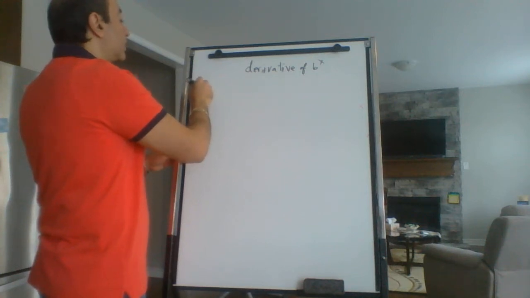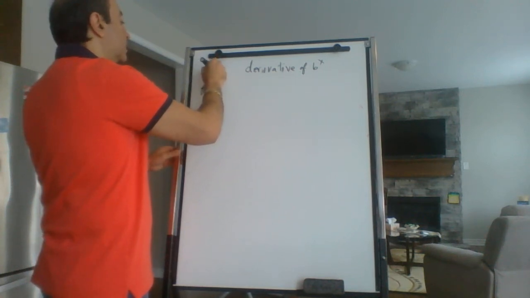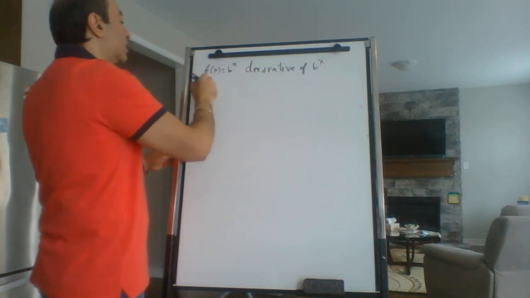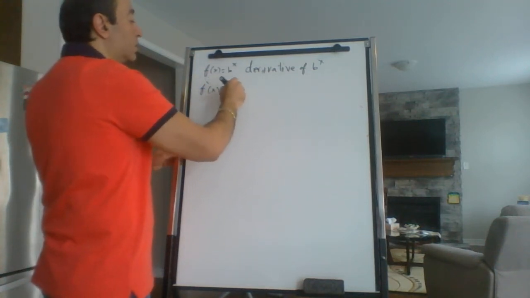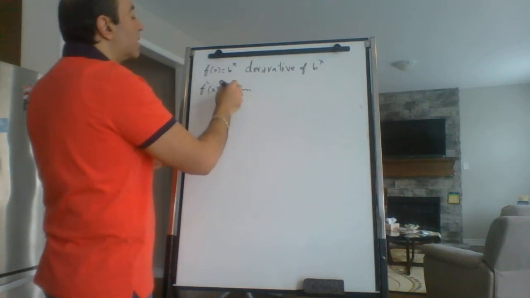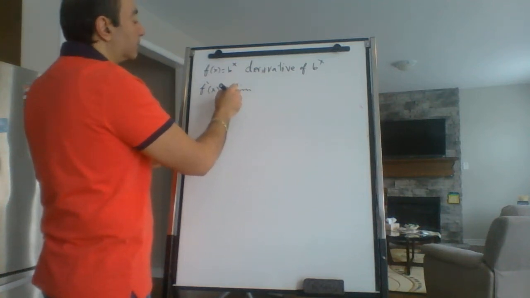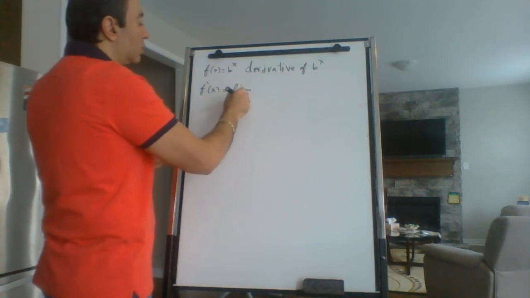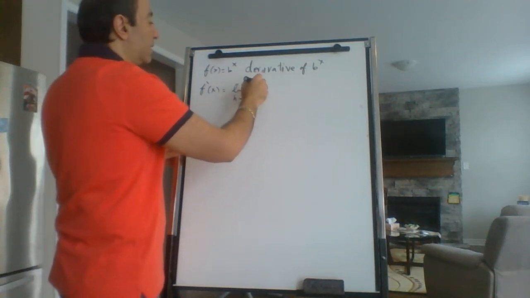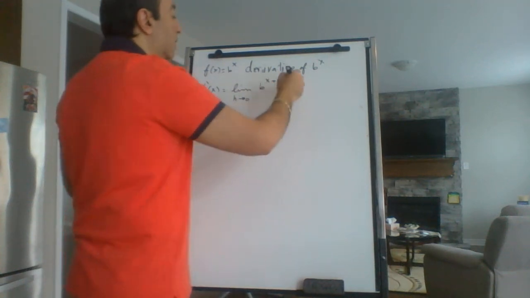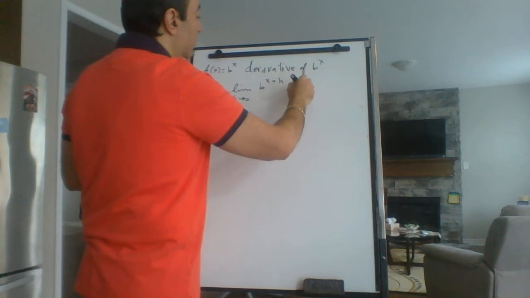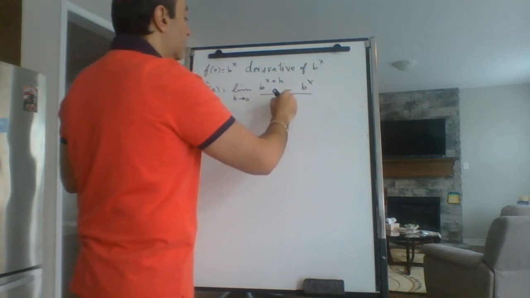So let's say f of x equals b to the power of x. So f prime of x will be, using the Newton quotient rule, the limit as h goes to 0 of f of x plus h, so b to the power of x plus h, minus f of x, which is b to the power of x, over h.